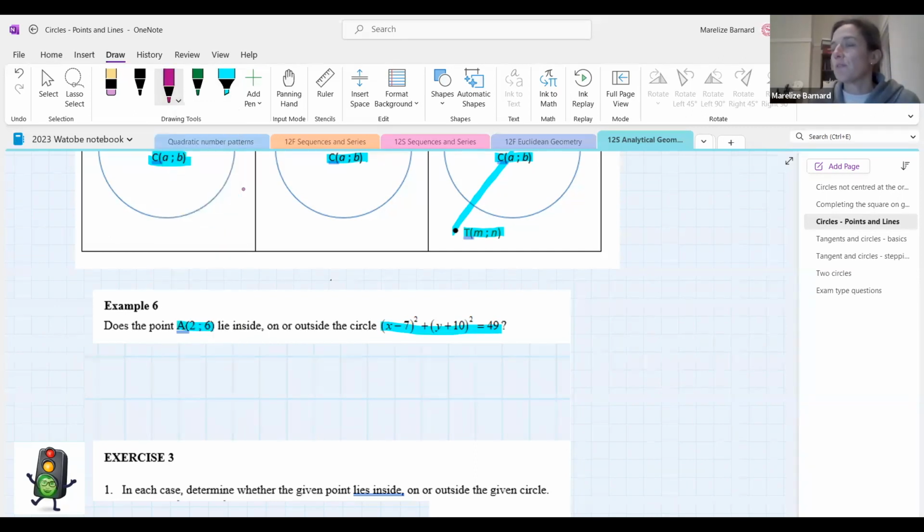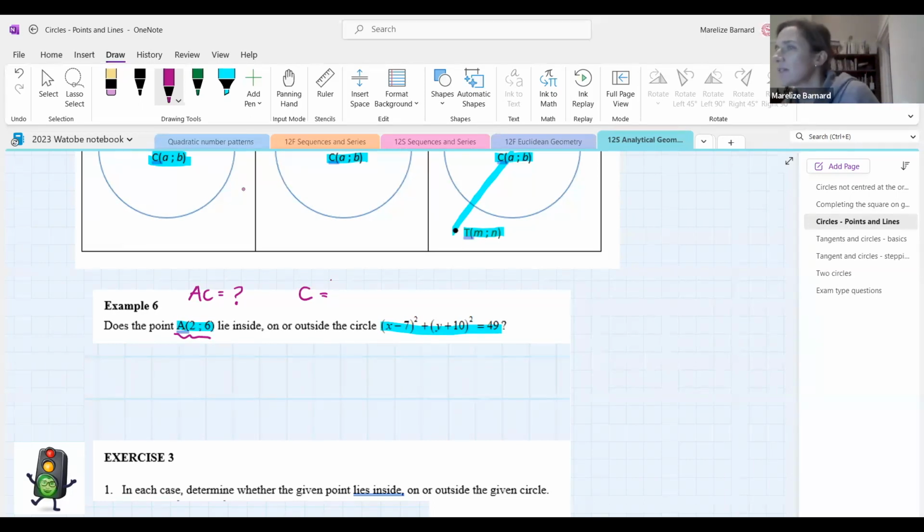It's often quite useful to just write down what it is that you have and what it is that you need. What you need is the distance between A and C, basically the distance between this point and the center of the circle. What you have is C, the center of the circle.